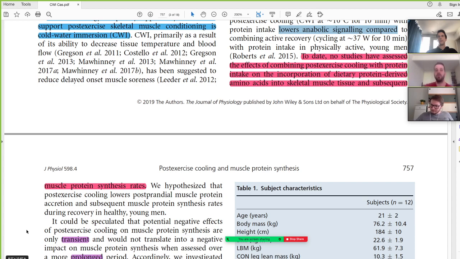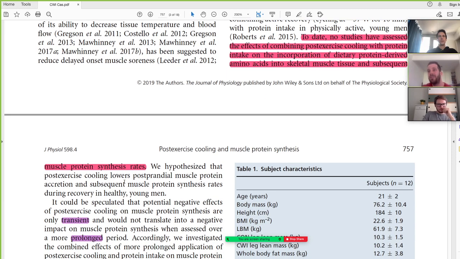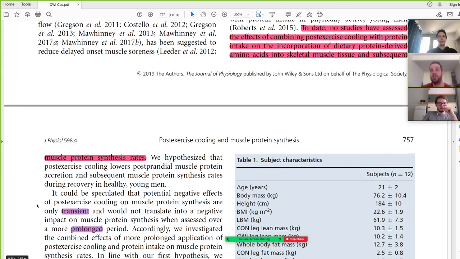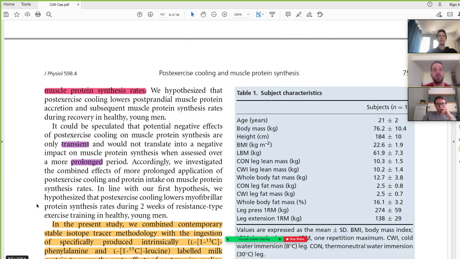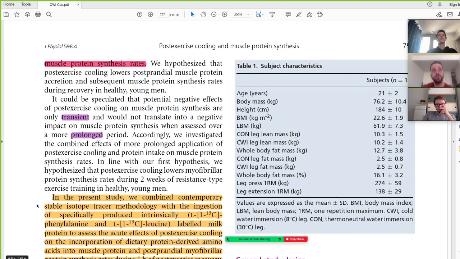So basically two aspects: the reduction in muscle temperature slows down the environment in the muscle, as well as potentially less of those building blocks coming towards your muscle that you need for stimulating muscle protein synthesis. Together, we expected and hypothesized that they very likely have a negative effect on muscle protein synthesis. That was also what we hypothesized for the acute phase of the study.